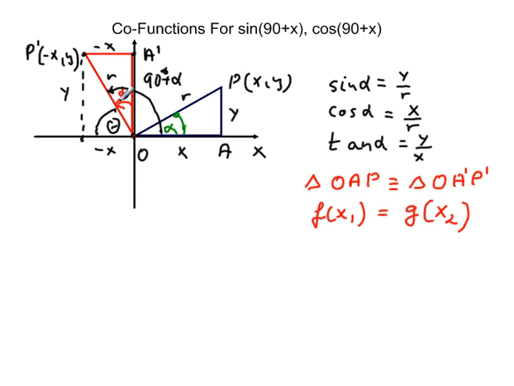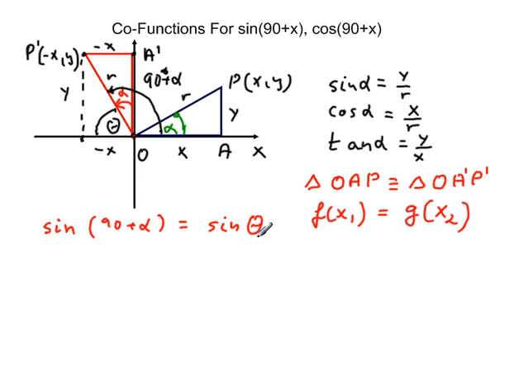From the previous video, you would most likely remember, and if not, I'm inviting you to review it, the sine ratio for an angle greater than 90 degrees was expressed in terms of the related angle theta. So we can say sine of 90 plus alpha is equal to sine of angle theta.